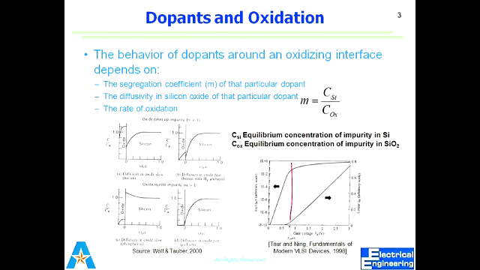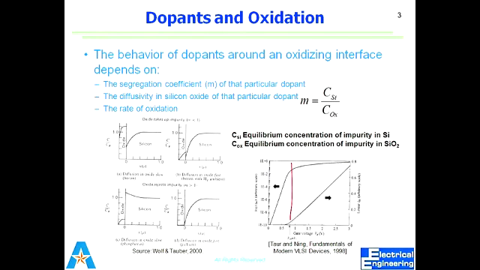Every dopant has its specific diffusion rate, so the second parameter to keep in mind is the diffusivity of the dopant in the oxide layer.